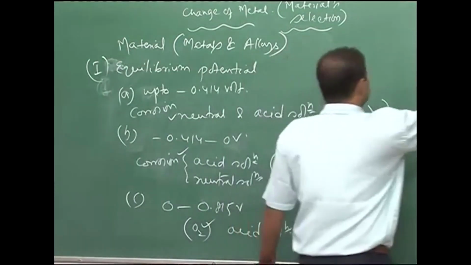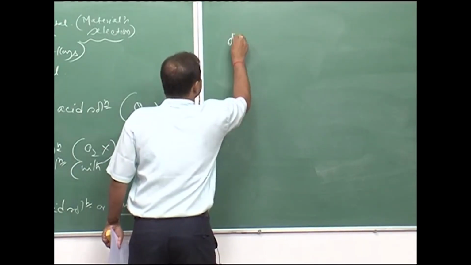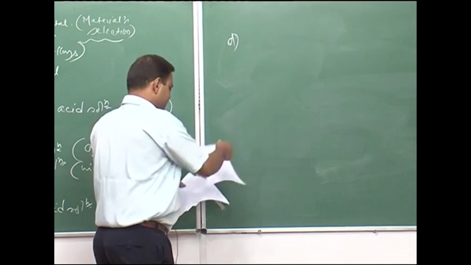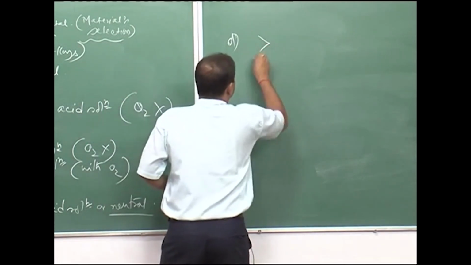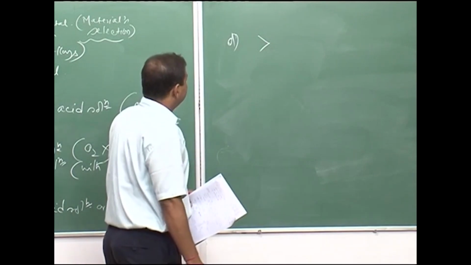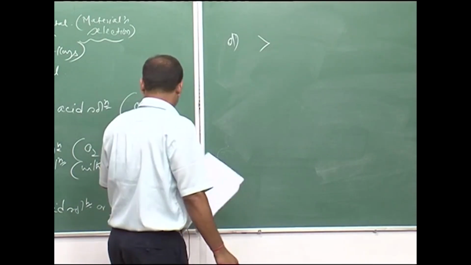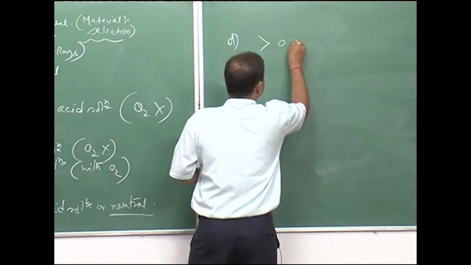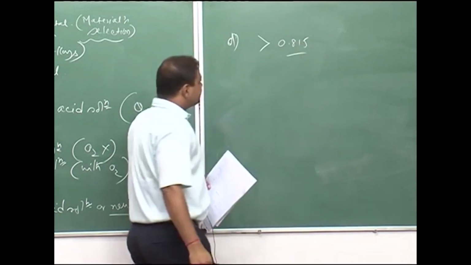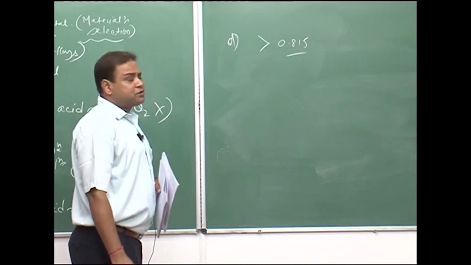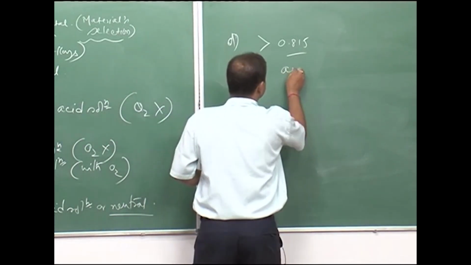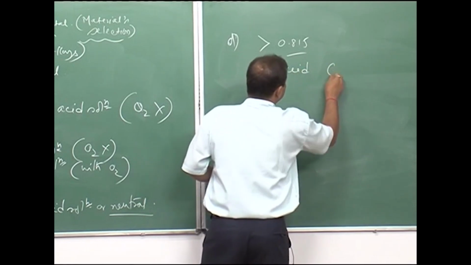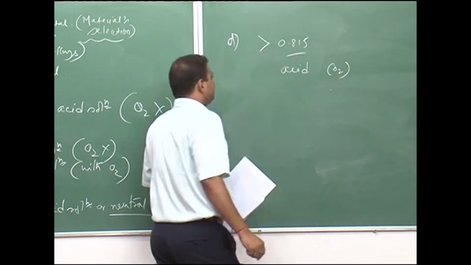And then lastly, if the potential is 0.815 or more than 0.815, the metals generally have very good corrosion resistance, but they can corrode in acid solution if oxygen is present.